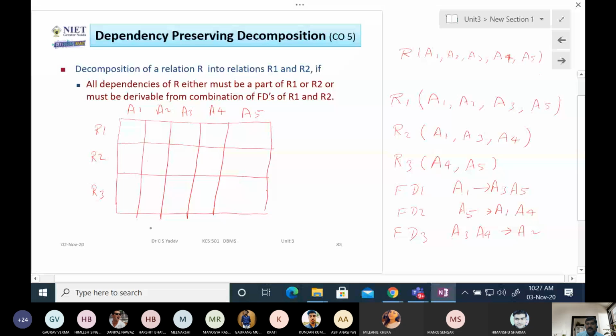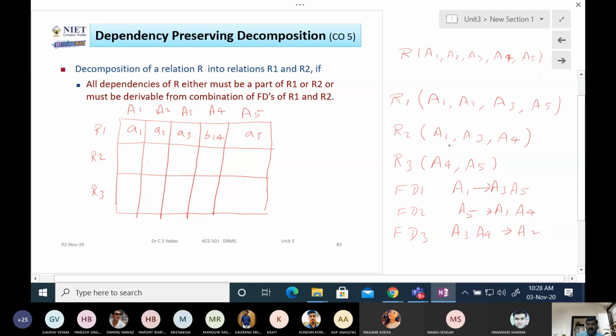Okay. Then A1, A2, A3, A5 belong to R1. Then here we will write A1, A2, A3, A5, and here we will write B14.